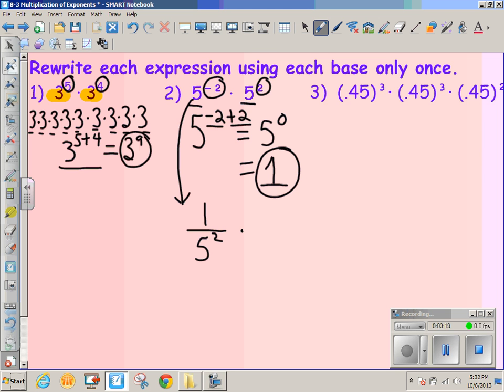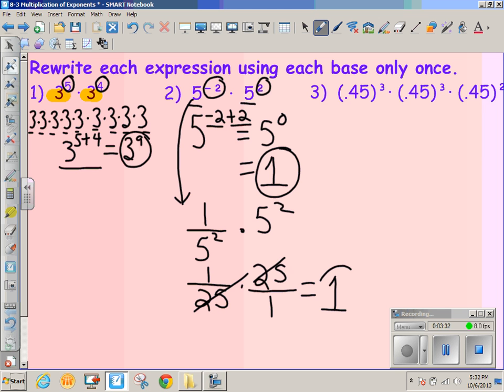So if I'm doing this times 5 raised to the 2nd, then what I end up with is 1 over 25 times 25. I can put that over 1 if I'm more comfortable. And as you can see, if I showed my work that way, the answer is still going to be 1.